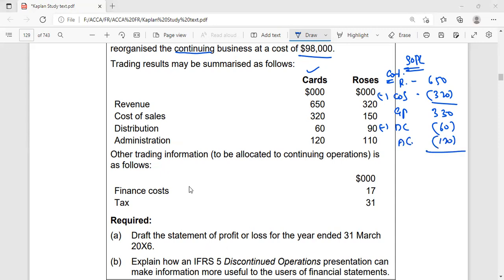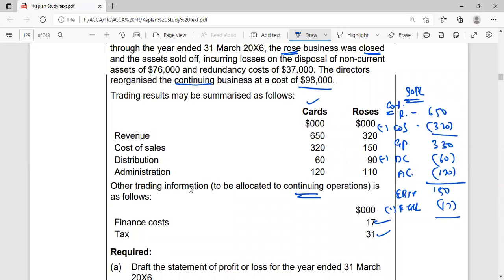330 minus 180 equals how much? 150. This is operating profit, nothing but EBIT, less finance cost. Finance cost allotted to continuing operations is 17.